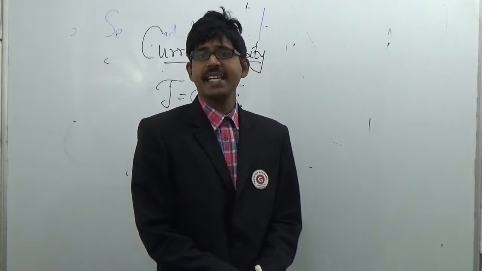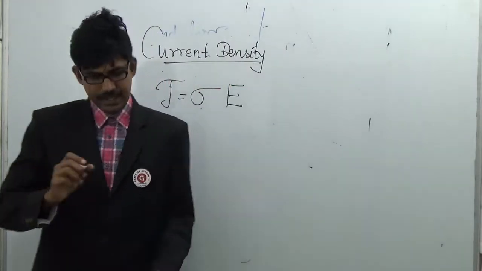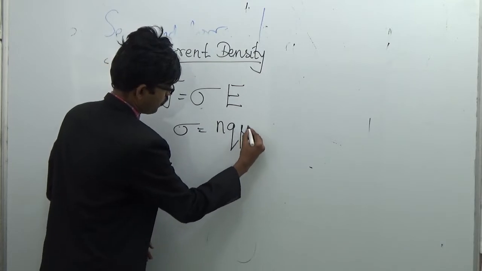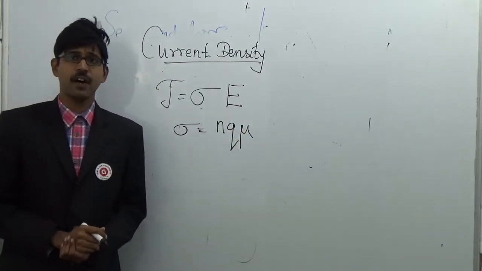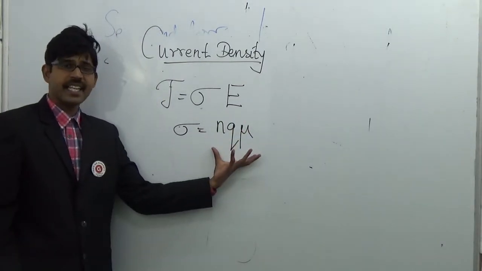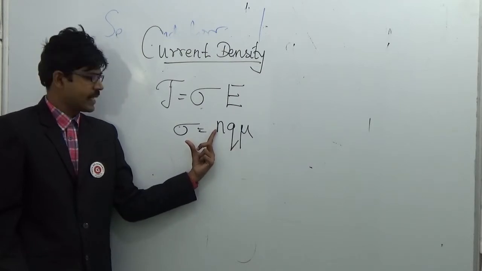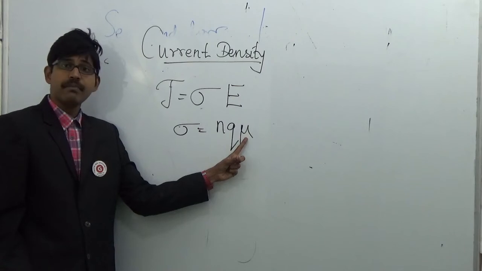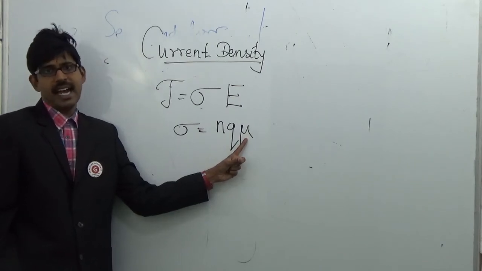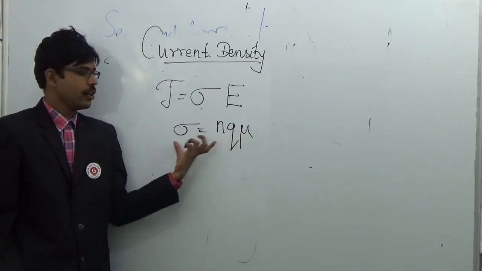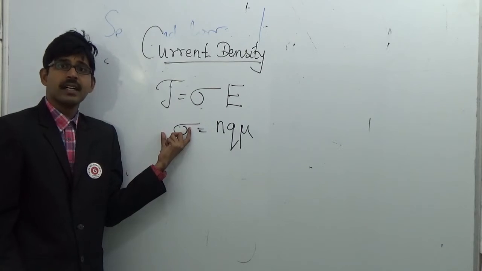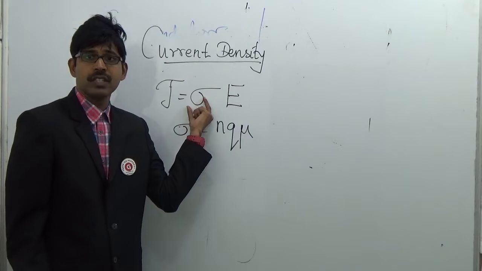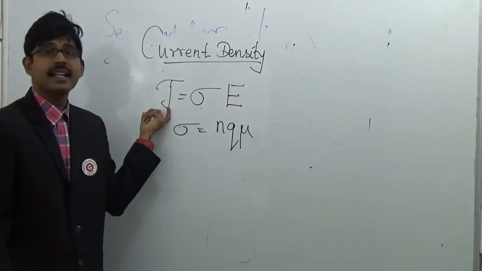The conductivity is given by N Q mu. This is the formula to compute the conductivity. Now, N is the electron concentration, Q is the charge of the electron, and mu is the mobility of the electron. Having given these details, you must be in a position to compute conductivity. And having known conductivity, and if you know the applied electric field, you can find the current density.